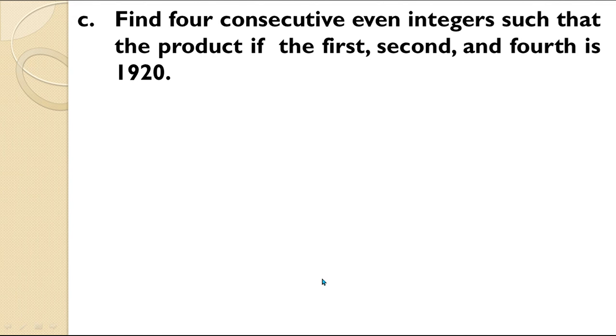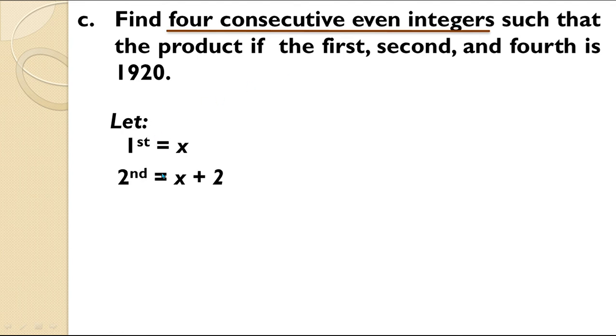Next example, find 4 consecutive even integers such that the product of the first, third, and fourth is 1,920. So, una, let 4 consecutive even integers. So, first is x, second is x plus 2, third is x plus 4, then x plus 6.